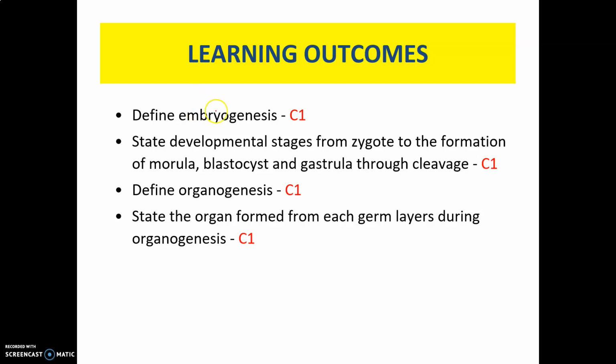Okay, apa itu embryogenesis? Embryogenesis generate pembentukan embryo, the formation of embryo itu yang dikatakan embryogenesis, dan ia terdiri daripada beberapa stages bukannya daripada satu sel tu gerebuk je dah awak, tidak, dia akan adanya proses cleavage which is formation of morula, blastocyst and gastrula, and then adanya formation of organ pula di mana daripada certain cell inside the embryo dia akan become the organs in the body, dan juga awak kena tahu jugalah apakah contoh organ yang akan terhasil daripada certain tissues.